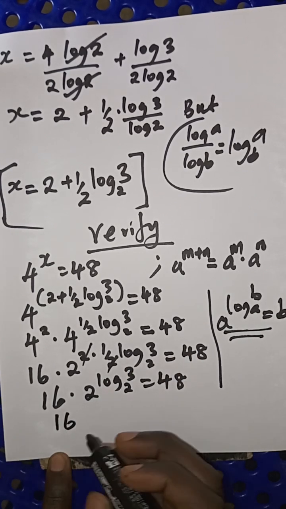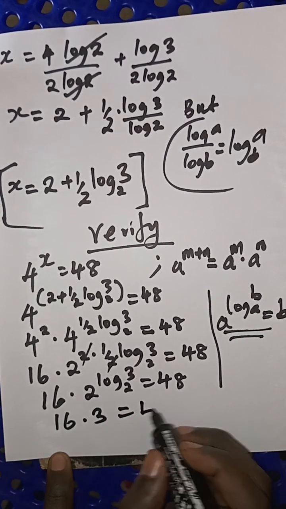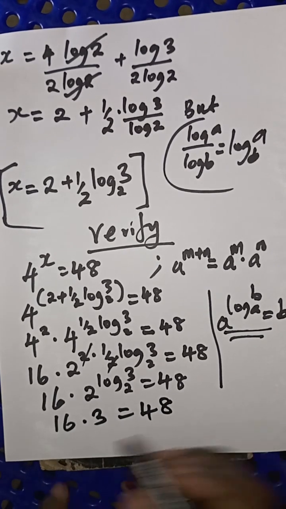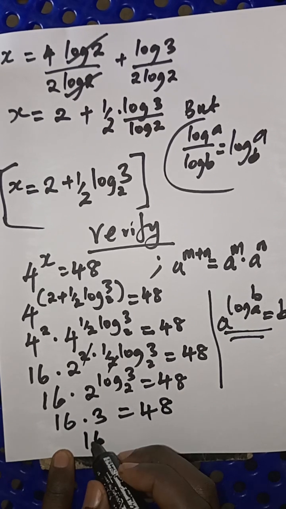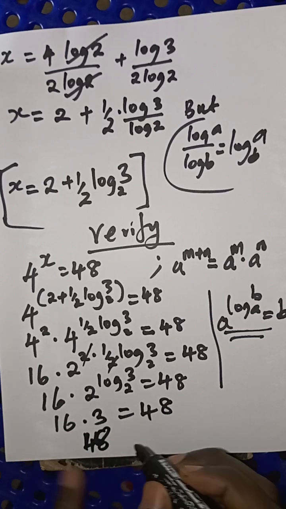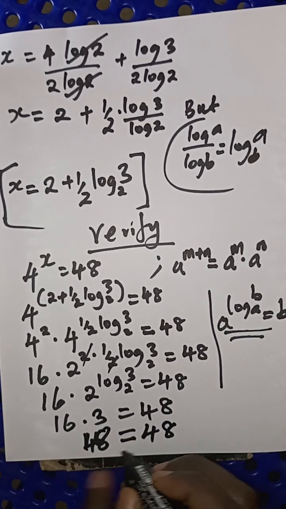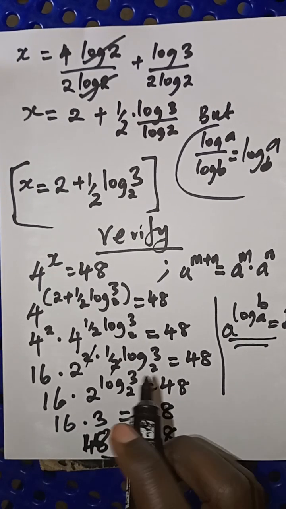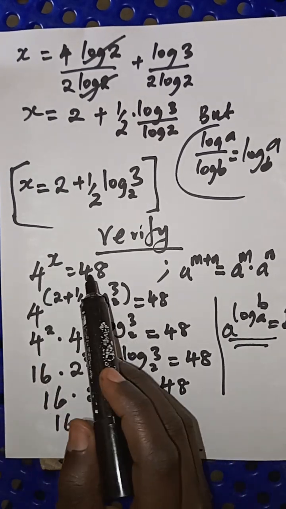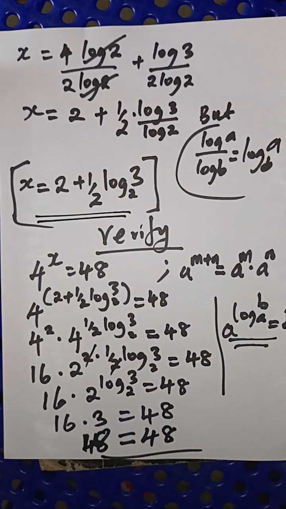So I end up with 16 multiplied by 3 is equal to 48. And indeed, my left hand side, 16 times 3 is 48, should be equal to my right hand side, 48, which is the proof for our equation 4 raised to x is equal to 48. And of course, that gives us the answer.